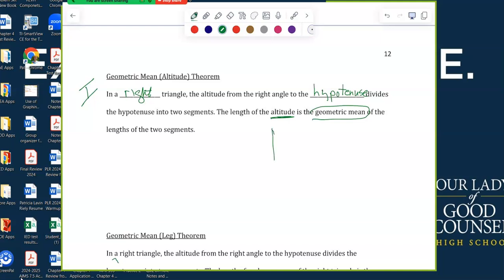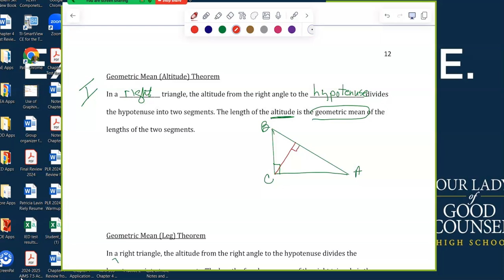What if I had a right triangle like this? Let's make this B, A, C. What they're saying is that in a right triangle, the altitude from the right angle to the hypotenuse, so if it's an altitude, you have to come out of the right angle and drop it so that it forms a right angle.